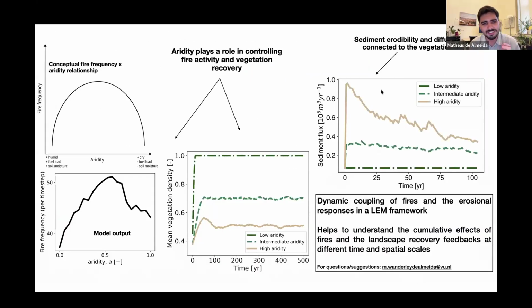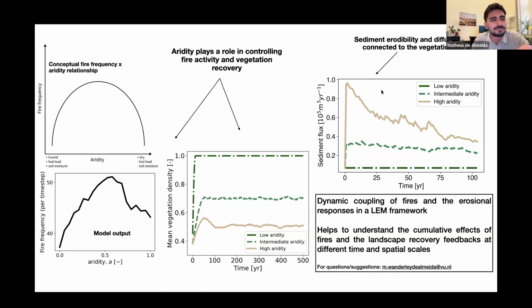So some of the first outputs that we have: we are now in the phase of writing the paper, but I think this meeting is a good moment to share the latest updates, and we can have some discussions later. I mentioned aridity. Aridity plays a role in controlling fire activity and vegetation recovery.